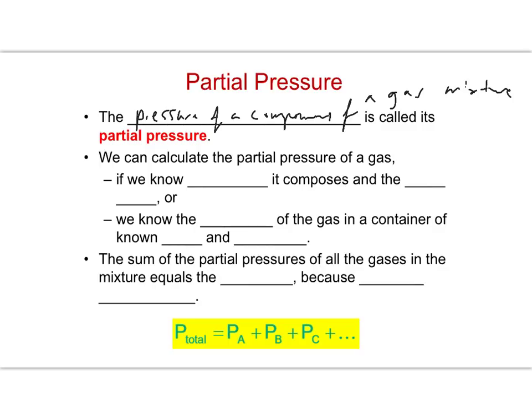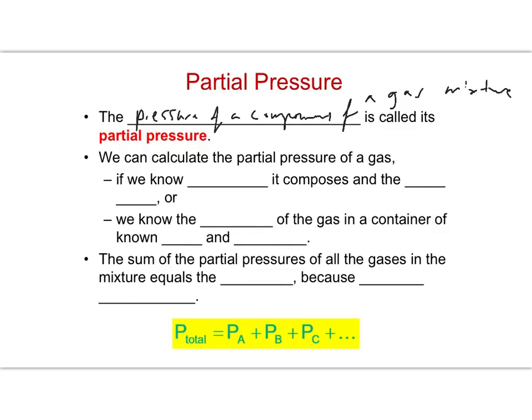So the partial pressure is whatever the pressure is of a component. Air, for example, has nitrogen, oxygen, carbon dioxide, argon, and various other components in it, and the partial pressure of nitrogen would be the pressure of the nitrogen component, and so on. It can be calculated two ways.